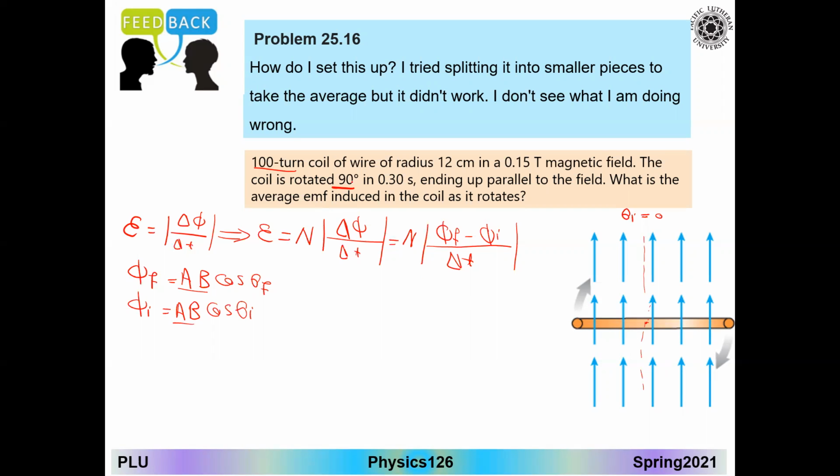Now the second situation, when I rotate it by 90 degrees, which means my magnetic field and the wire are in the same direction. In that case, theta f will be 90 degrees. Imagine if you rotate this wire so its direction is the same as the magnetic field, write down the axis, you will find theta is 90 degrees. This is the central axis.